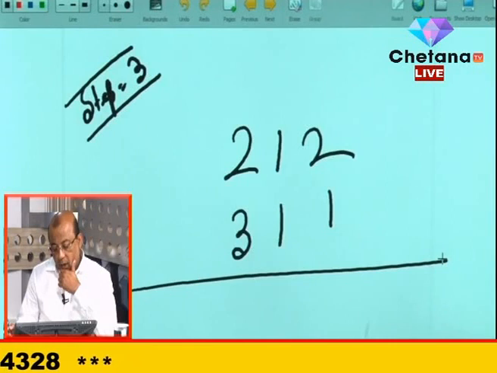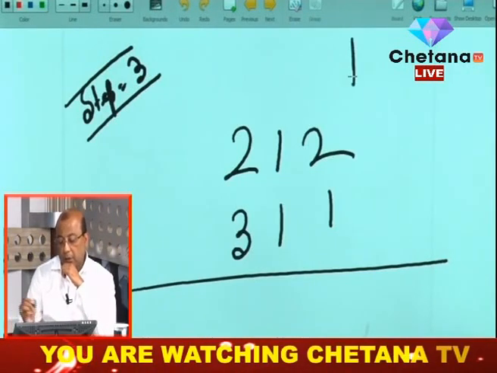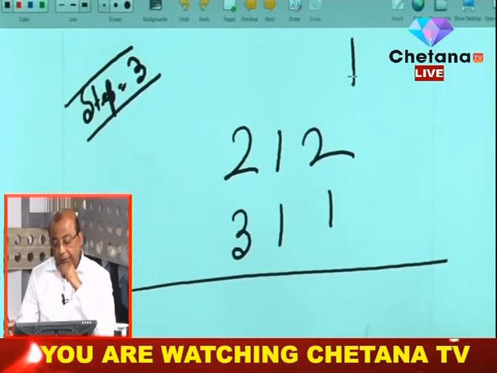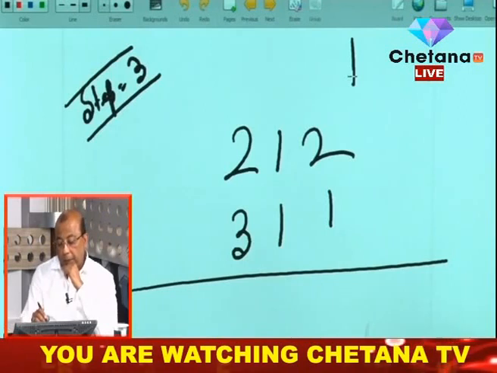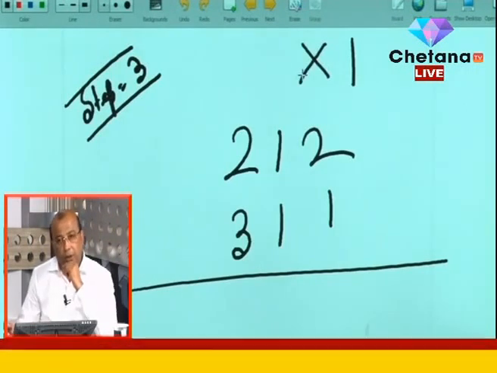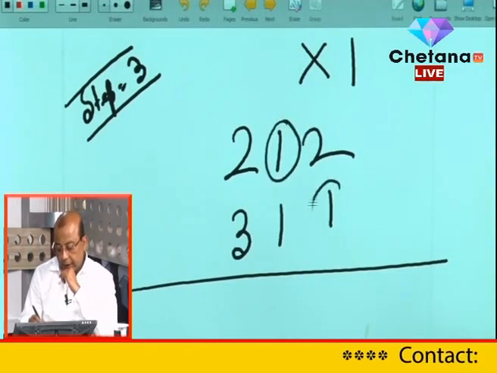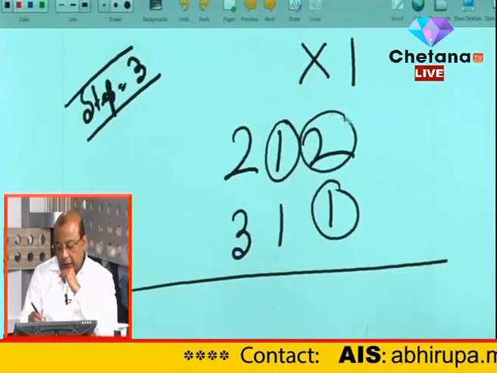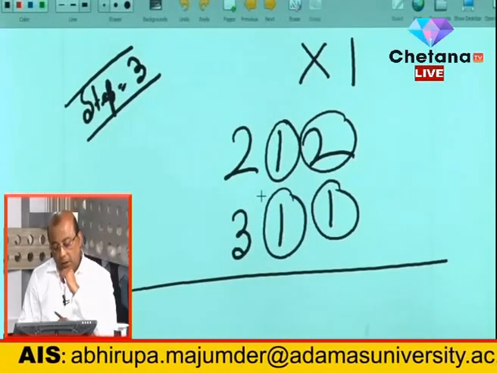Right. First we will consider the first column. My symbol will be straight as in the first step. When we consider the second column, my symbol will be cross. That is, we will multiply diagonally this and this, this and this, and add.